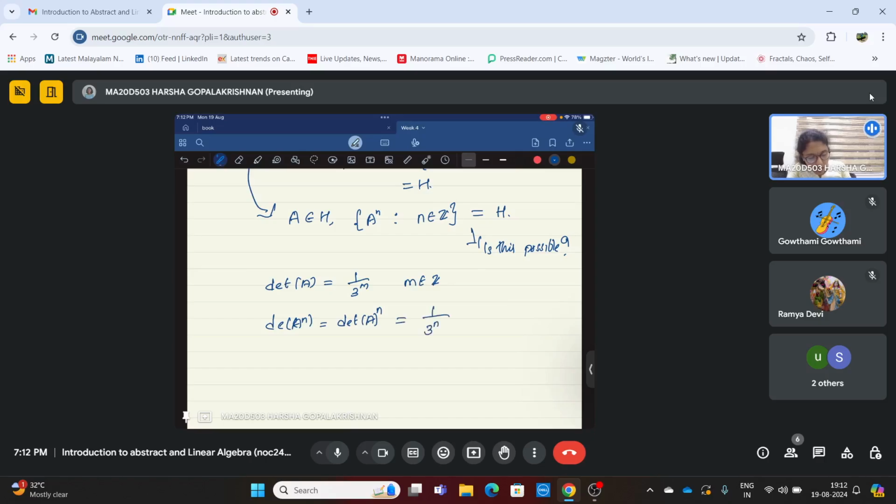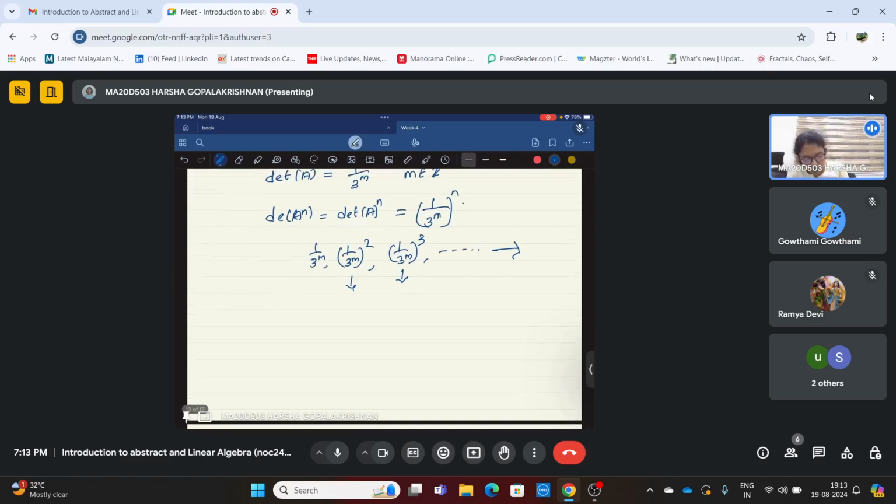So we will get 1 by 3 power m whole power n, correct? Okay, so first we are having 1 by 3 power m, then 1 by 3 power m square, 1 by 3 power m cube, etc. So if we are generating the elements from A, that is A square, etc., A power n has determinant like this. But in general, other than this also, H will have some other elements.